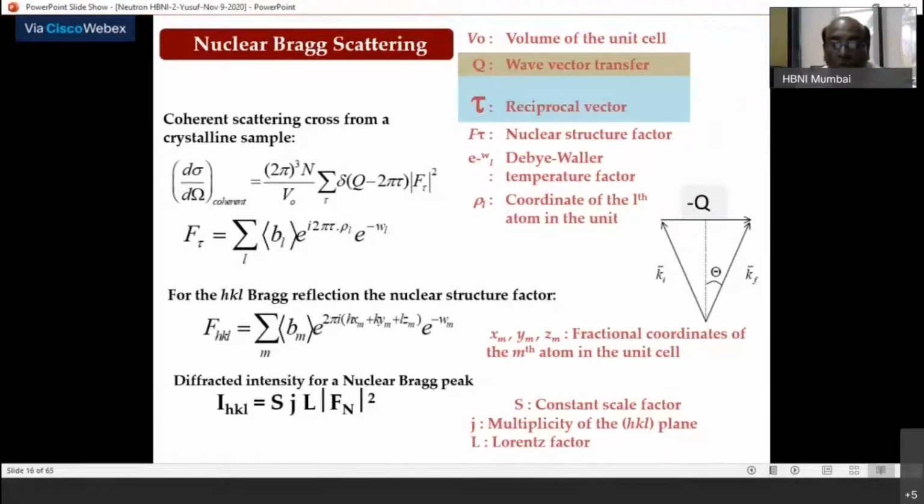If you use one of those, all these expressions are inbuilt. Depending upon the specific system, specific phase group, and the specific geometry of the sample, these will be taken care of. But you should know how it works.